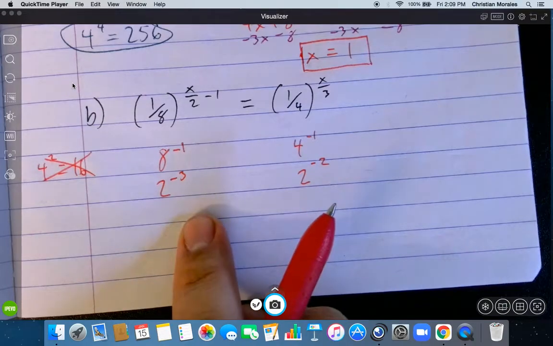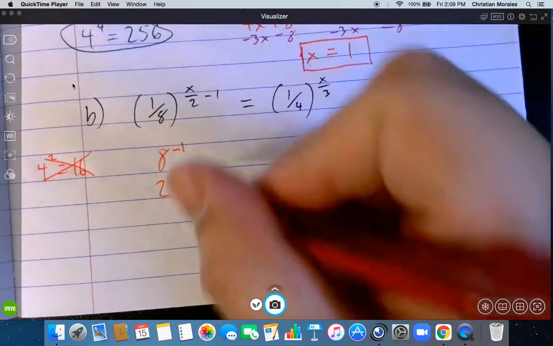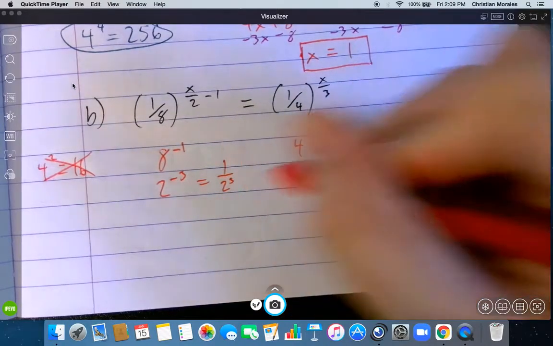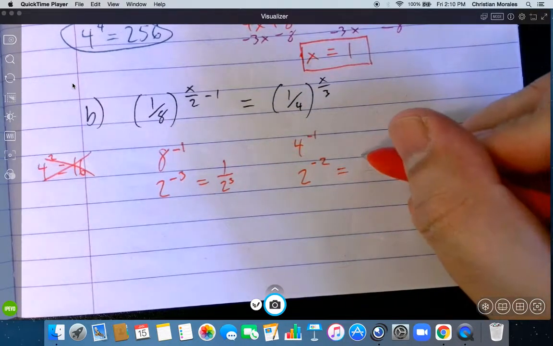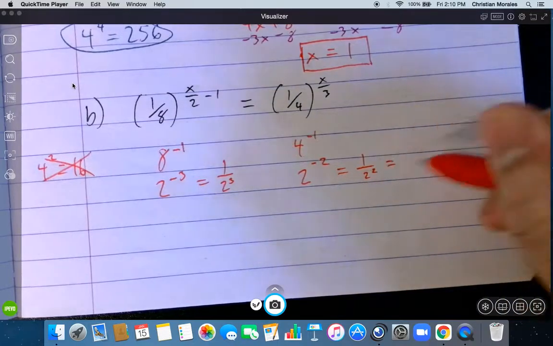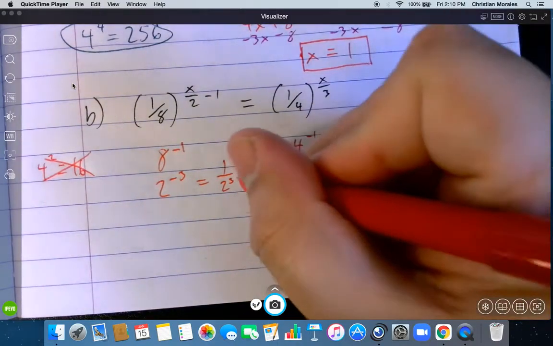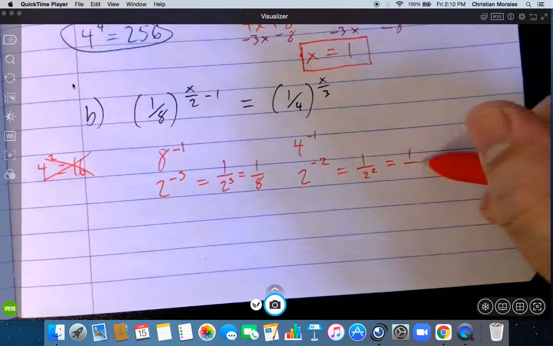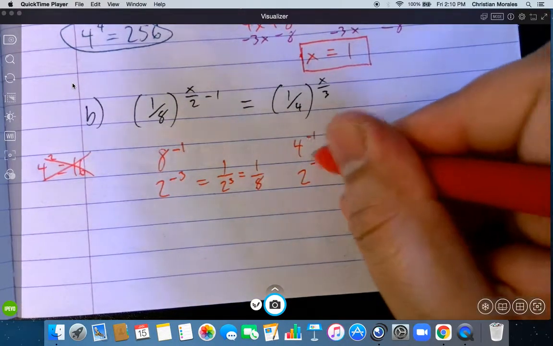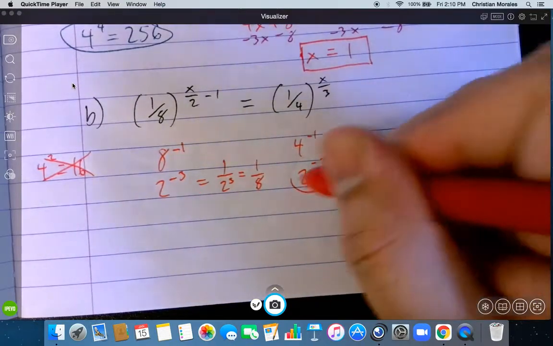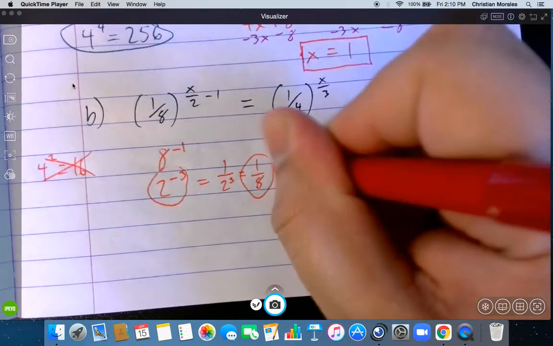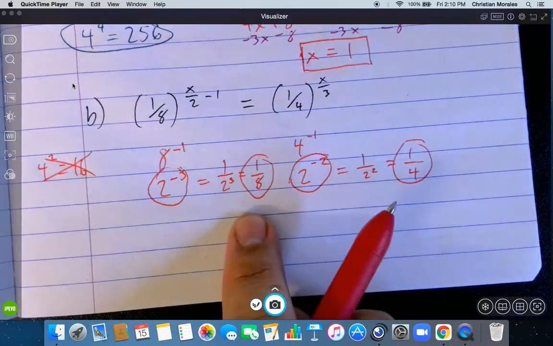And if you don't believe me still, watch this. That would turn into a fraction. That would turn into a fraction. 2 times 2 times 2 is 8. 2 times 2 is 4. And there you go. This and this are the same. This and this are the same.